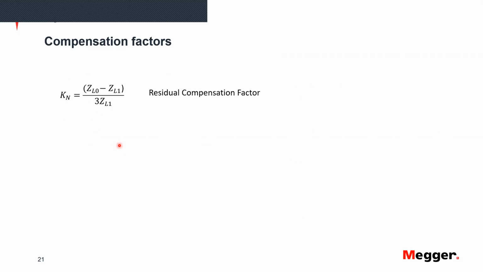This one's called the residual compensation factor, and it's used like this to derive the impedance to the fault on the line. Remember, this is the one that we are looking for. We can calculate it by using this compensation factor, which is a function of the zero sequence and the positive sequence impedance of the line.